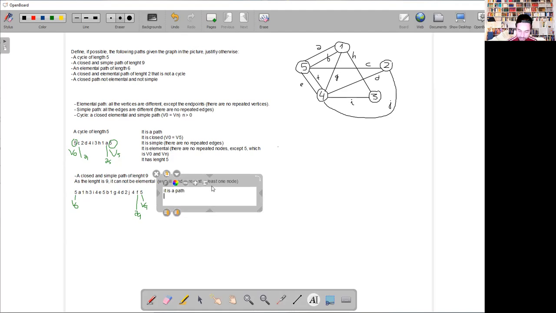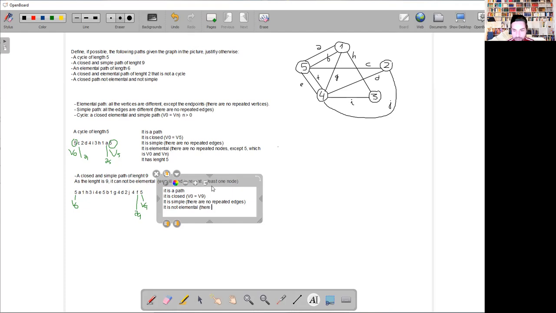It is closed because B0 is equal to B9, right? The starting point is equal to the end point. It is simple because there are no repeated edges. It is not elemental, right?